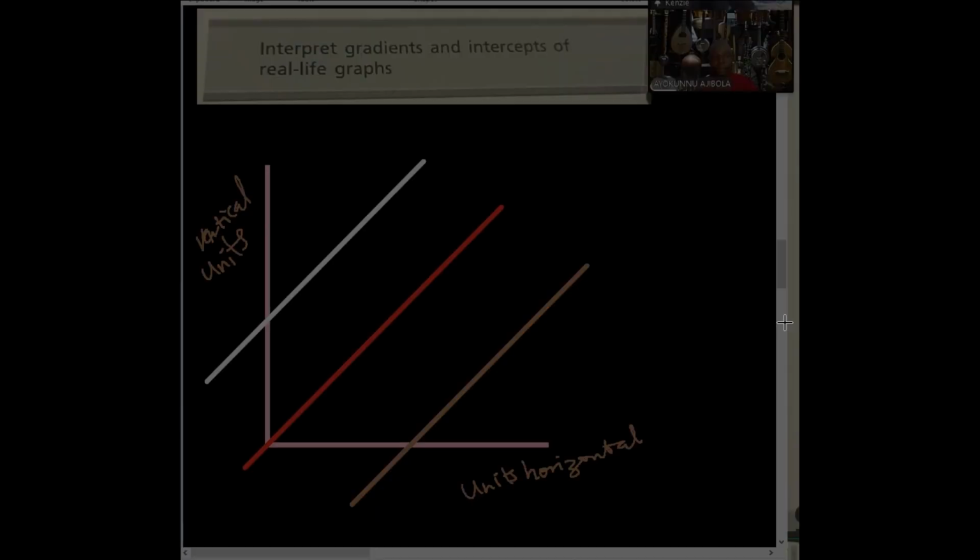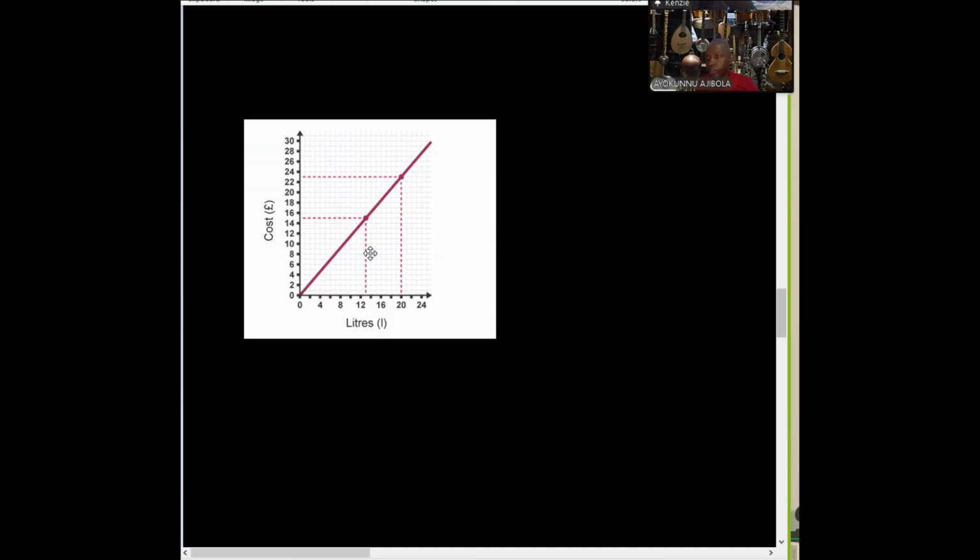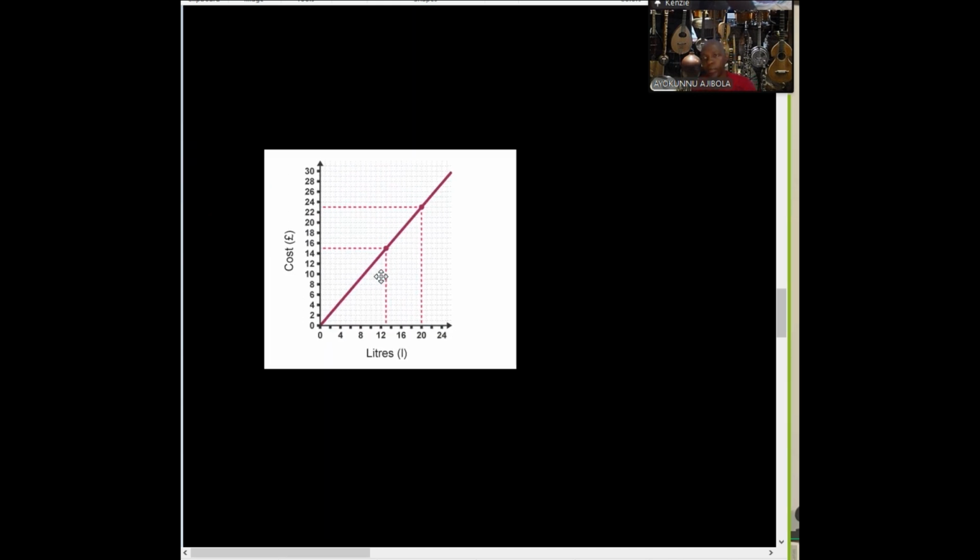We can use this kind of graph for cost and liters of fuel. Let me bring an example here. So this graph that I've brought here shows the cost of petrol.